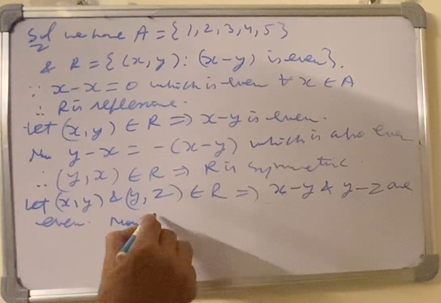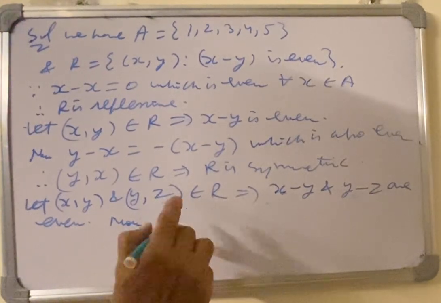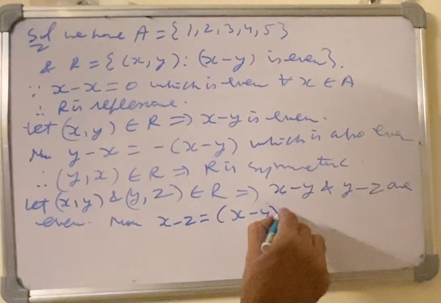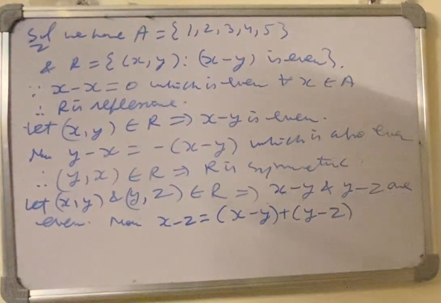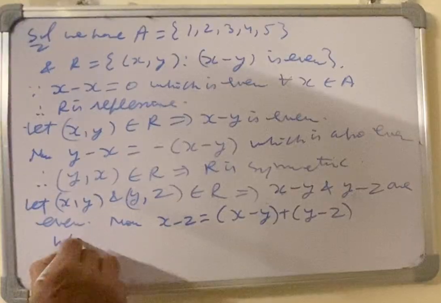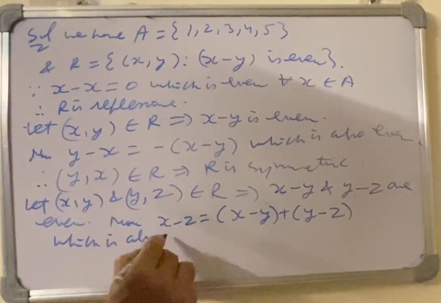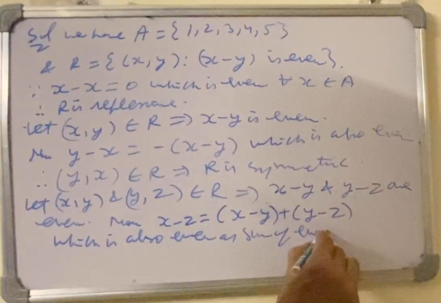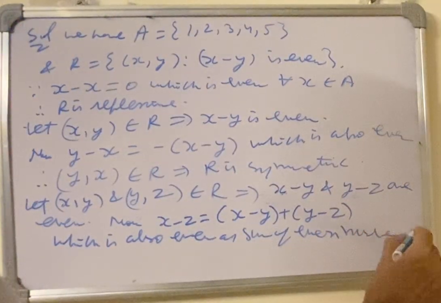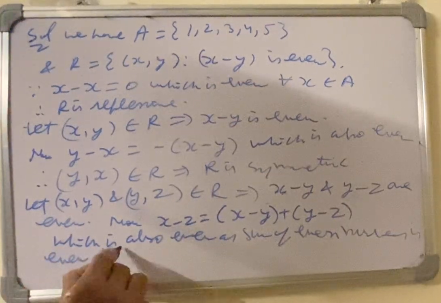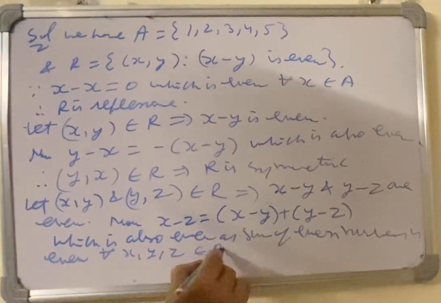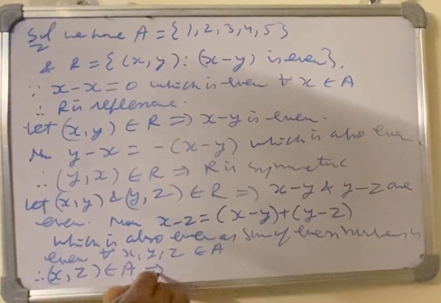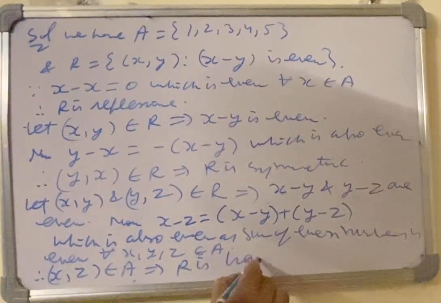Now x minus z is equal to x minus y plus y minus z, which is also even, as the sum of even numbers is even for all x, y, z belongs to A. This means x, z belongs to R, therefore R is transitive.